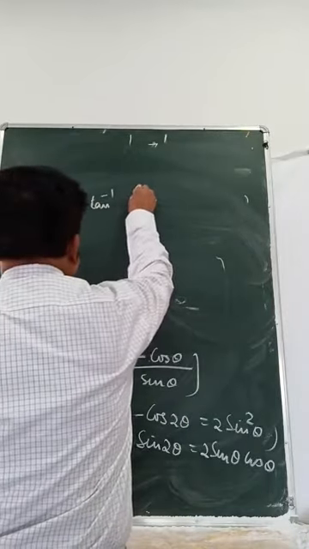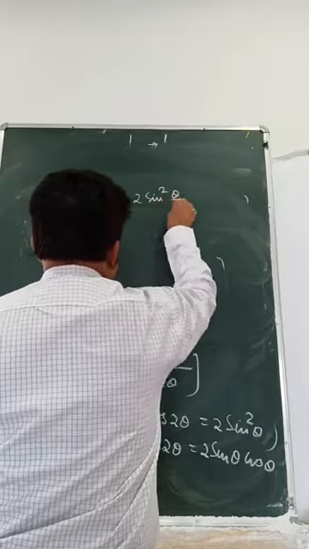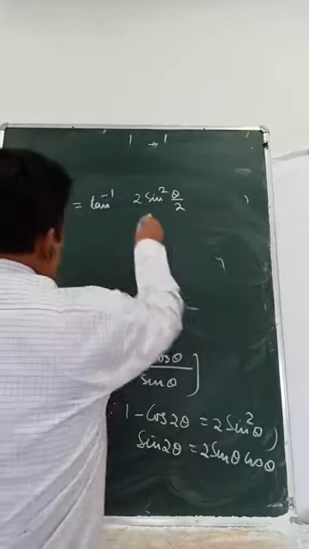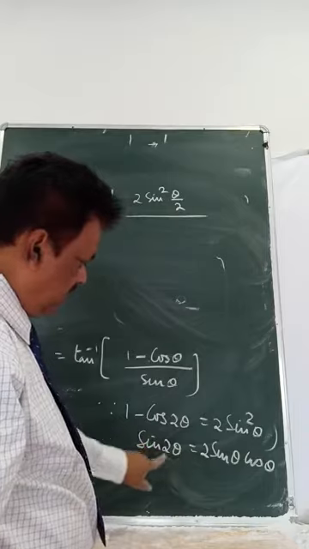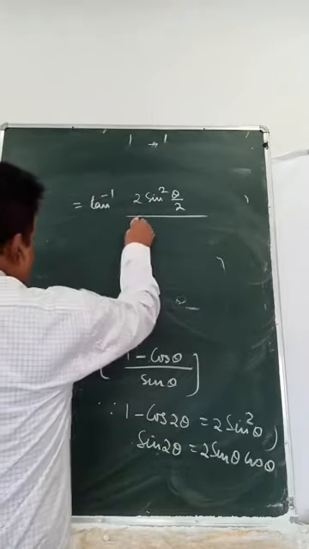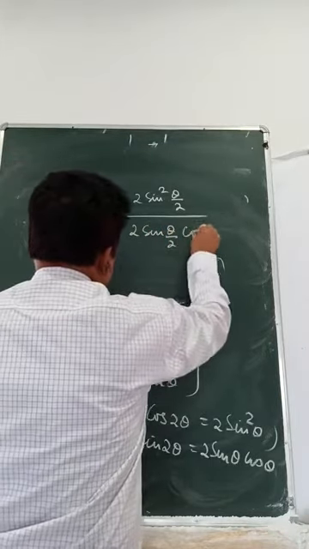This is 2 sin square. Half angle means theta by 2. Theta will become theta by 2, divided by the sin 2 theta form. Sin 2 theta, only in place of 2 theta we have theta, so it will be half angle. Half angle means 2 sin theta by 2 cos theta by 2.